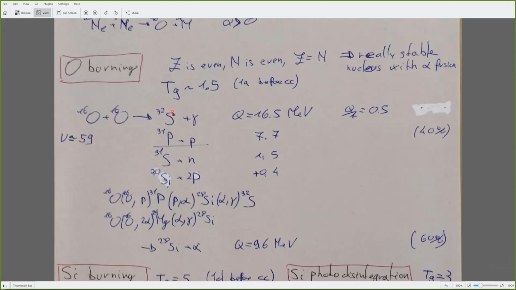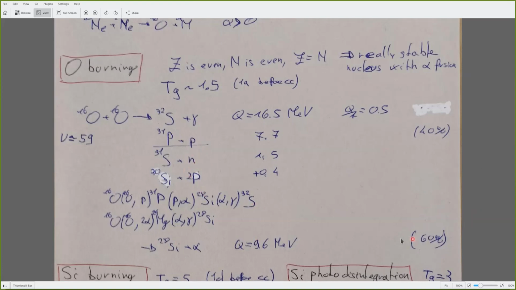You can have production of sulfur, phosphorus, sulfur again, or silicon. Also, you have other kinds of reactions that go from oxygen to phosphorus and silicon: oxygen with another oxygen produces magnesium and then silicon, or the direct production of silicon and an alpha. As before, this is also important to produce protons and neutrons.